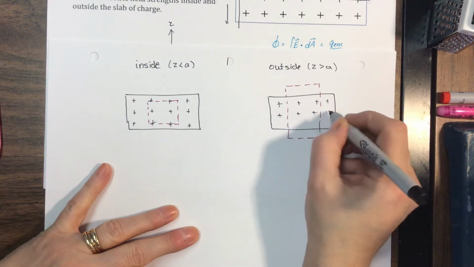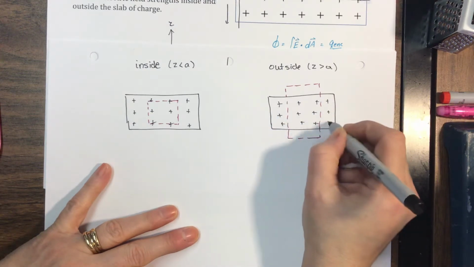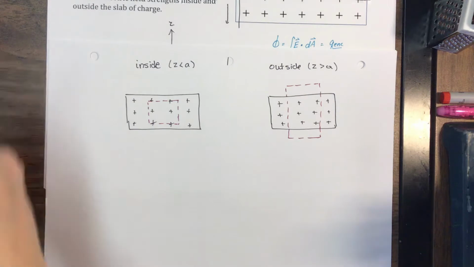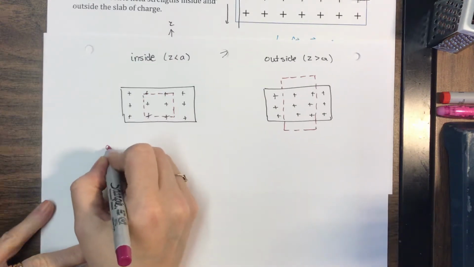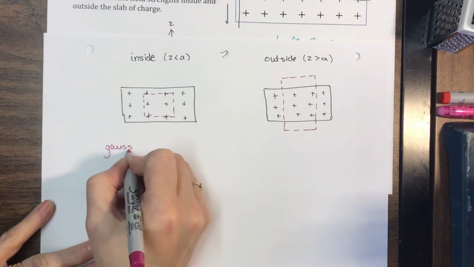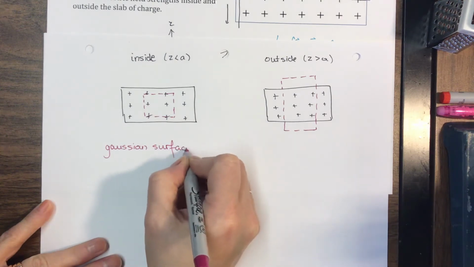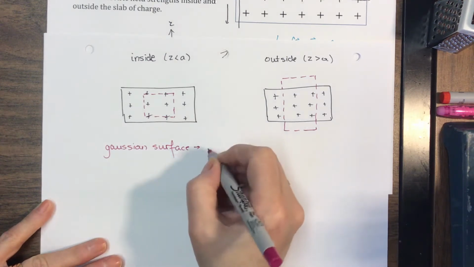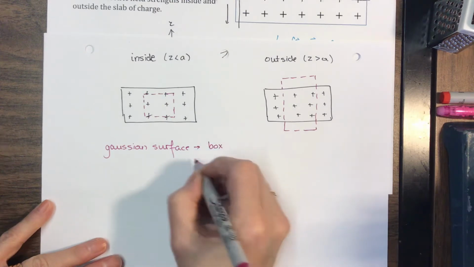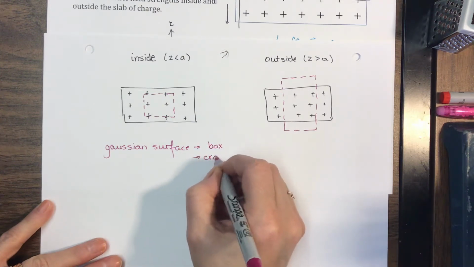So let's define what my Gaussian surface is. My Gaussian surface is a box. It's got cross-sectional area A.